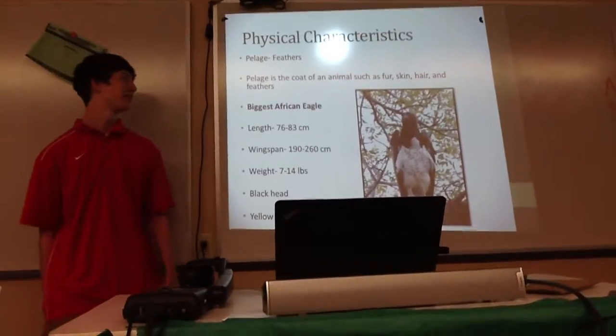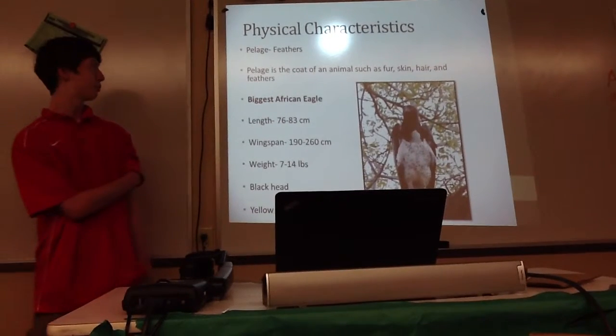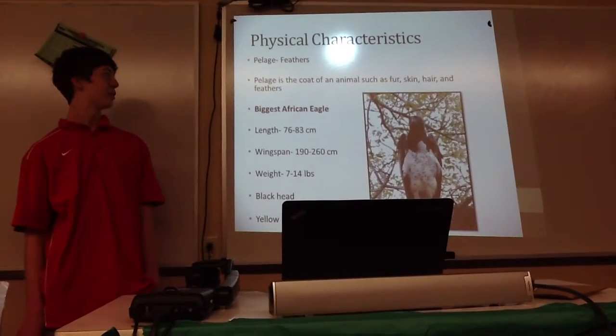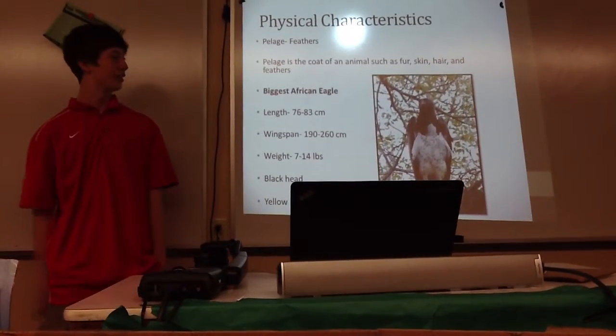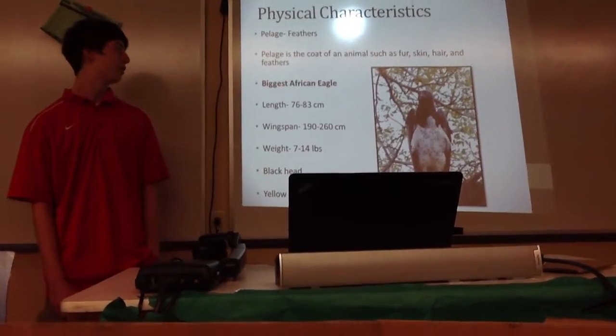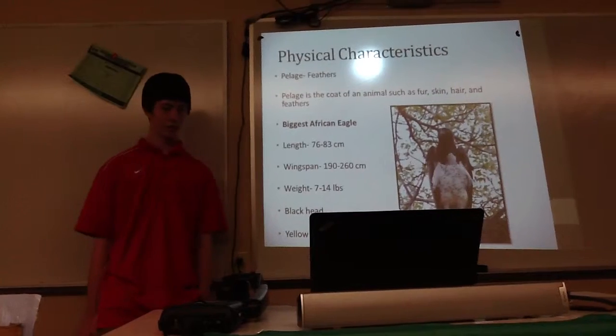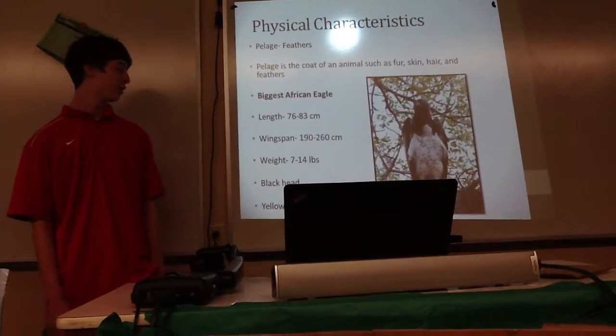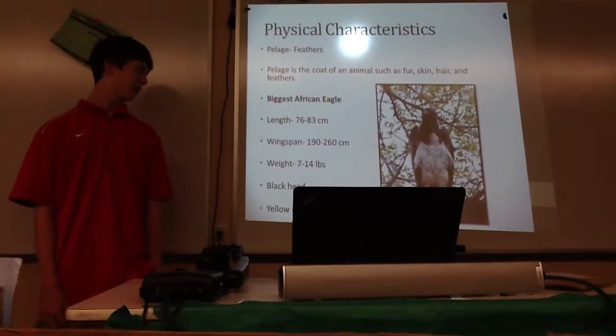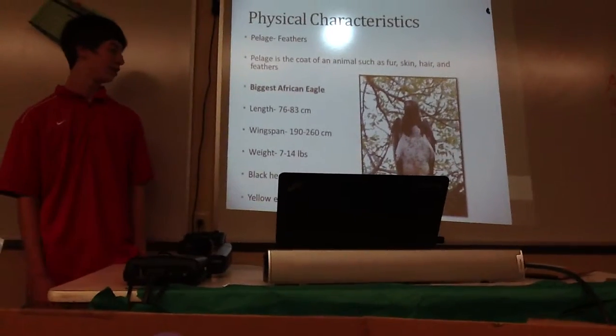Physical characteristics. So the pelage is feathers. Pelage is the coat of an animal such as fur, skin, hair, and feathers. It is the biggest African eagle, and its length is 76 to 83 centimeters. Its wingspan is 190 to 260 centimeters.